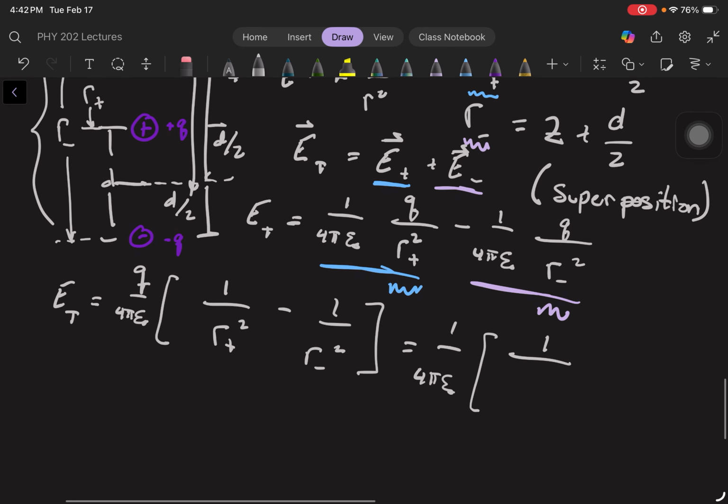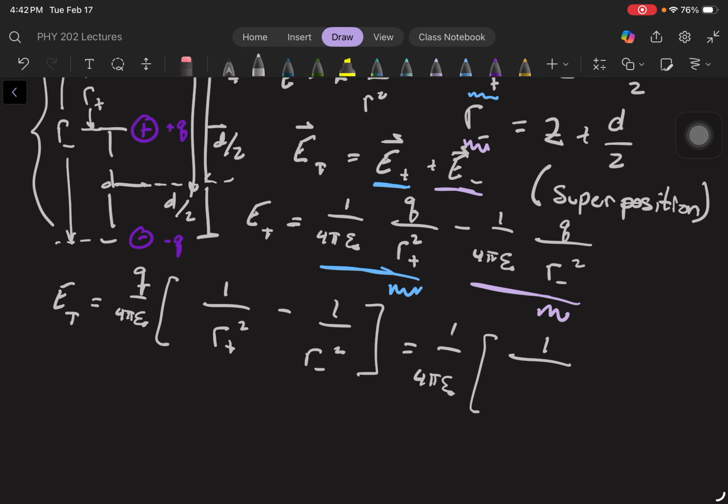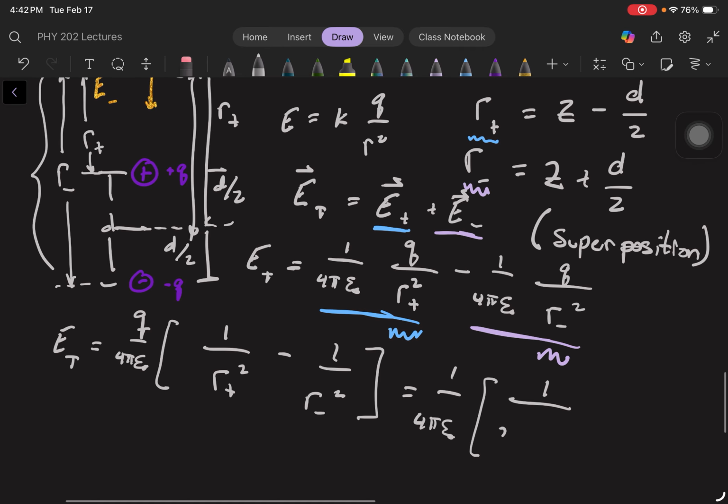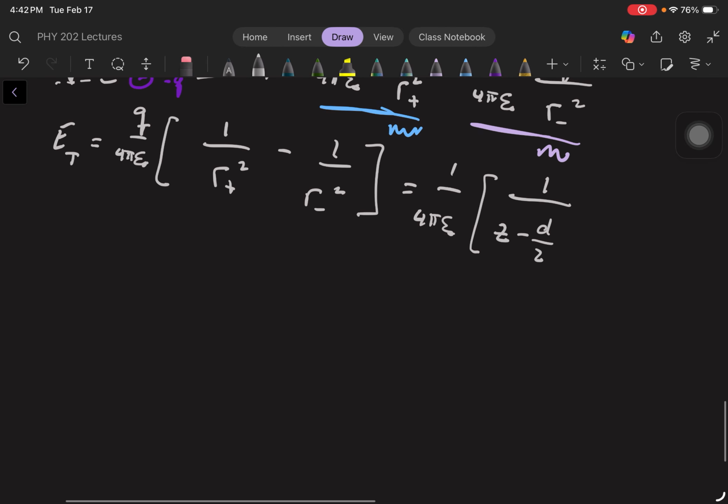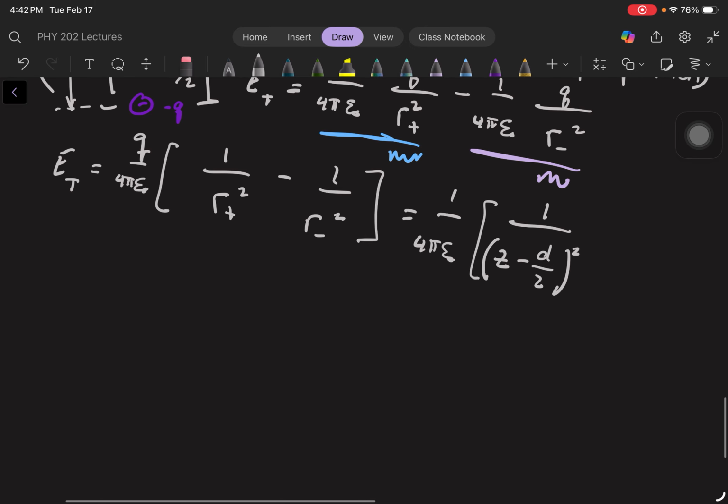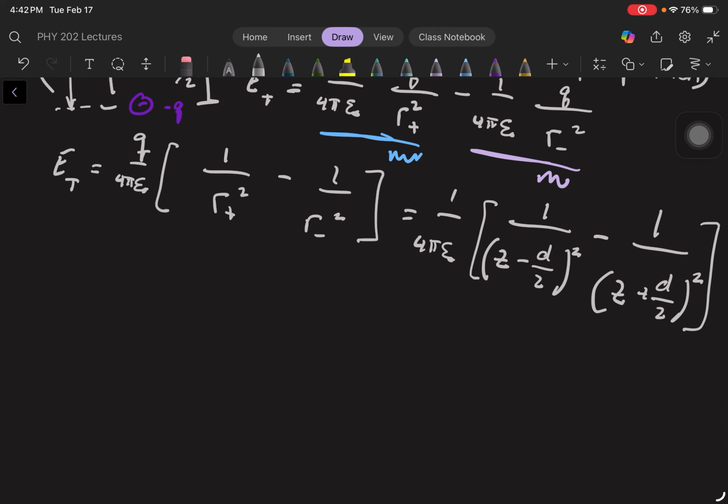So we had R plus is Z minus D over 2 squared, right, where this entire value is just 1 over R plus squared, and then here we have the 1 over R minus squared.